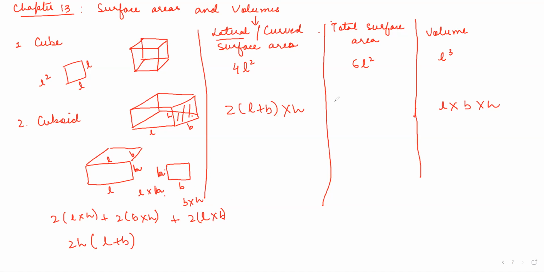So the total surface area will become 2 into L into B, plus B into H, and plus H into L. So this will be the total surface area of the cuboid: 2 into LB plus BH plus HL.